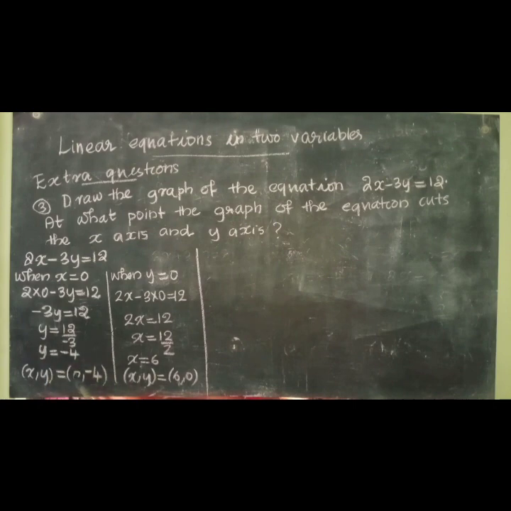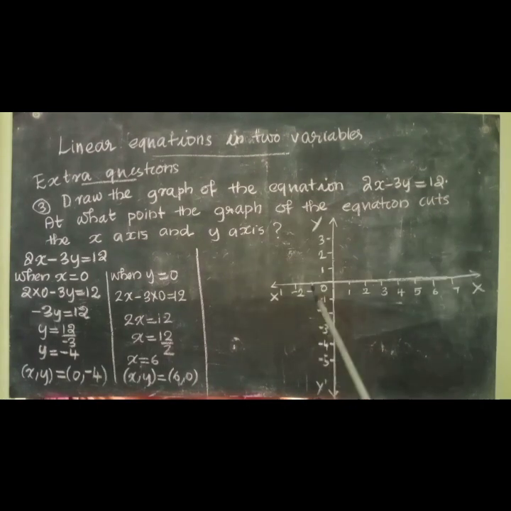Therefore, (x, y) equal to (0, minus 4). Next, when y equal to 0, 2x minus 3 into 0 equal to 12, that is 2x equal to 12, x equal to 12 by 2, that is x equal to 6. Therefore, (x, y) equal to (6, 0).